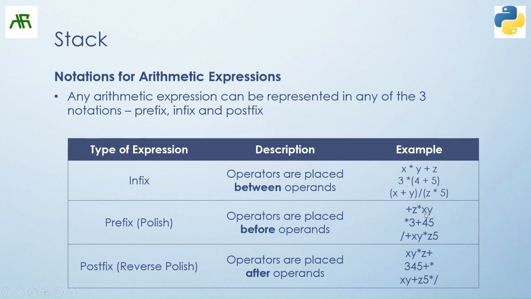Here the operators are placed before the operands, and a single sweep from left to right will be good enough to understand what the expression is. In the case of infix, that's not the case. You'll be shuffling back and forth following the BODMAS rule.